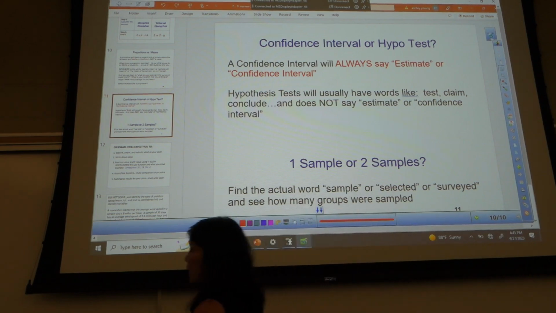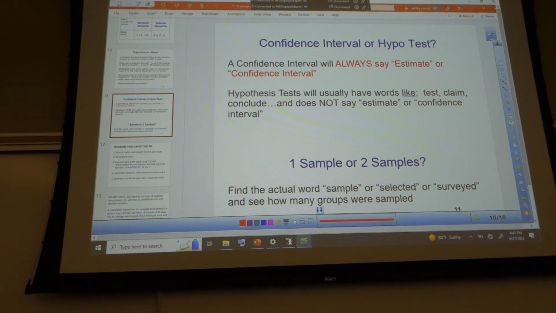So confidence interval will always say that. A hypothesis test will not say that. That's the easiest way to know it's a hypothesis test, because it won't have the words estimate or confidence interval in it. In addition, it may or may not, but it may possibly say things like test, claim, conclude, and have a question. So those are all possibilities.